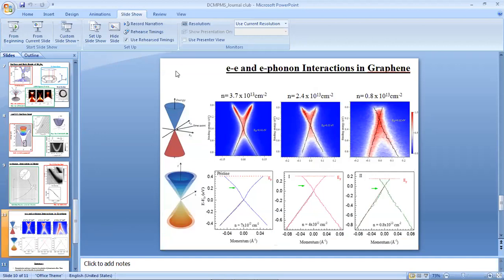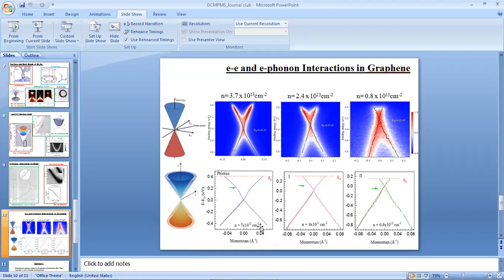I generally expect that electron-phonon coupling is symmetric around the Fermi level. But if you see this figure, the top one has a clear deviation, but the bottom one, with respect to the Fermi level, has no such deviation. Why is the interaction like that?